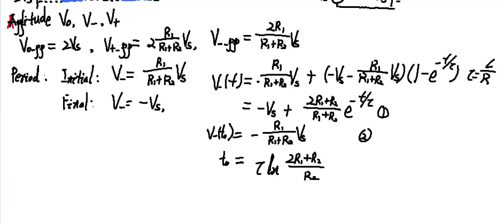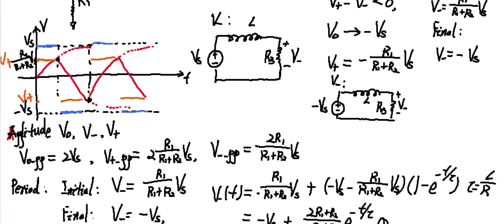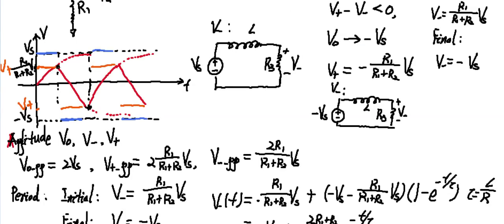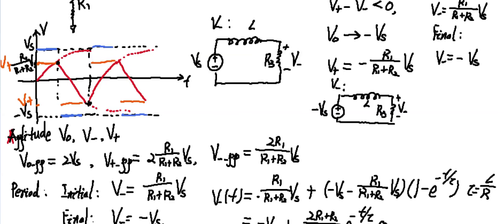So that is the amount of time for V minus to go from the positive R1 divided by R1 plus R2 Vs value to the negative value. We can also observe that in this circuit, this is only half of the period, and the other half of the period is completely symmetric.